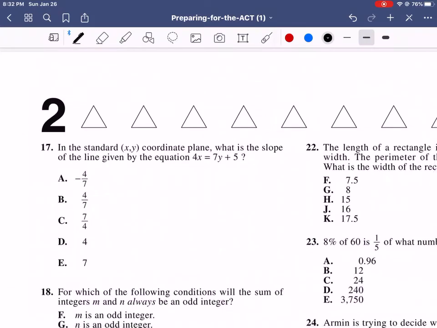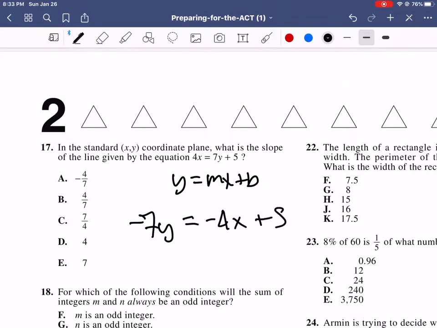In the standard xy coordinate plane, what is the slope of the line given by the equation 4x equals 7y plus 5? You're just looking for the slope, so I put it in y equals mx plus b form. First, I'd put y on the left side by subtracting it, so negative 7y. Subtract 4x to put it on the right side, equals negative 4x plus 5.